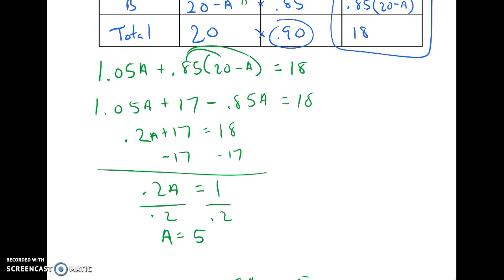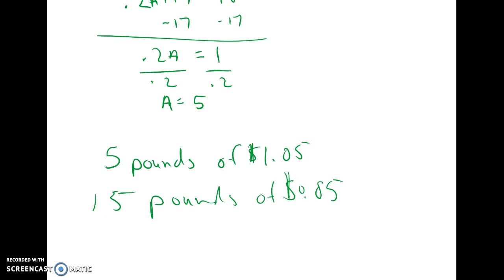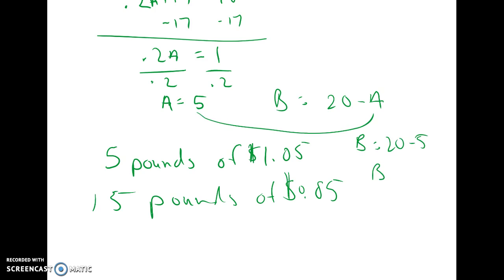Once we find A right here, all we have to do is go B is equal to 20 minus A. In this case, B is equal to 20 minus 5. B is 15. So there's my final answer.